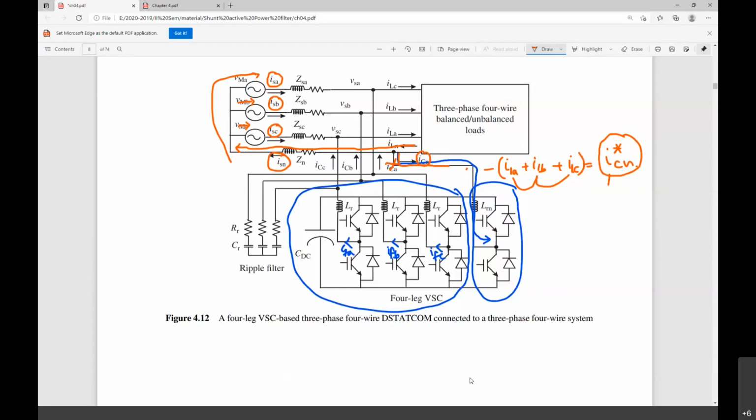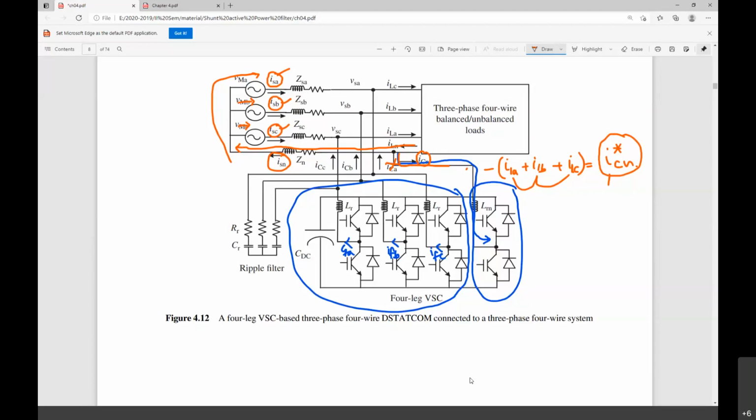This way, we are going to improve the ISA, ISB, and ISC currents. If we allow the neutral current this way, it is going to redistribute according to the requirement of the individual currents. It is not going to divide equally among all three phases.